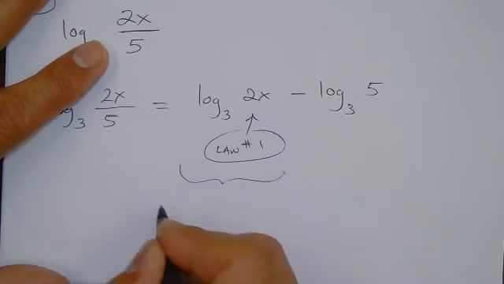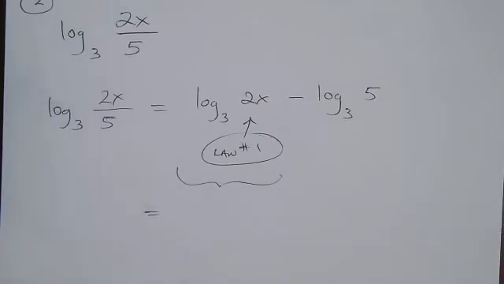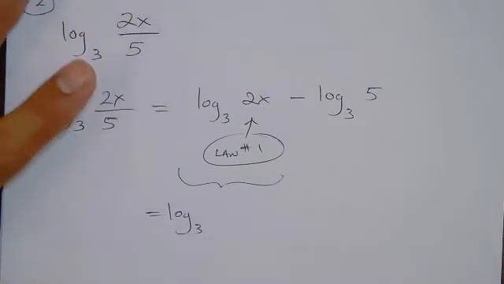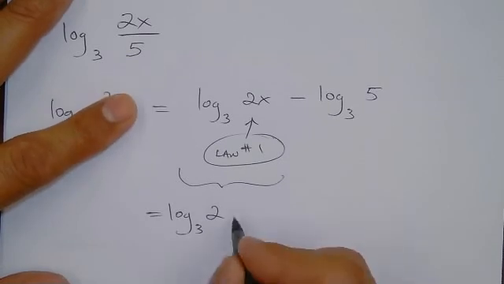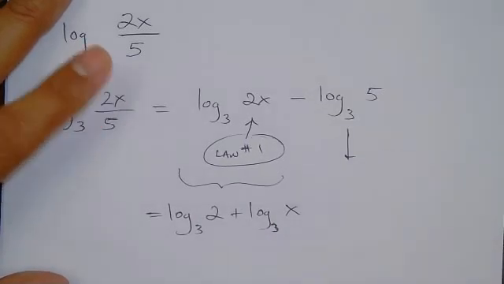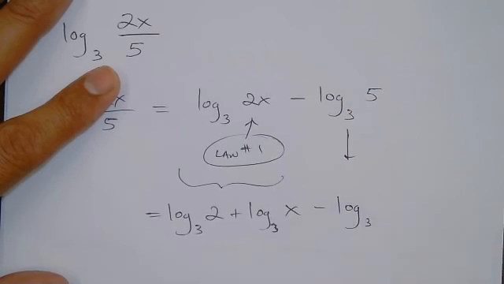So are we done expanding this logarithm? No. This is law number 1. This is multiplication. What does multiplication expand to? So really, the answer for this one is what? Log 3 of what? 2 plus what?